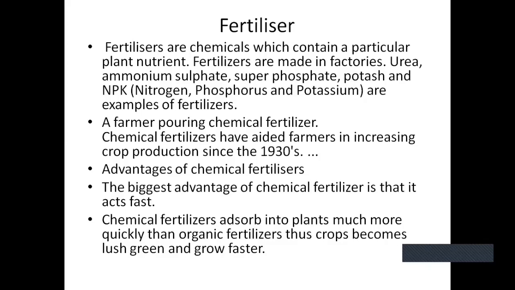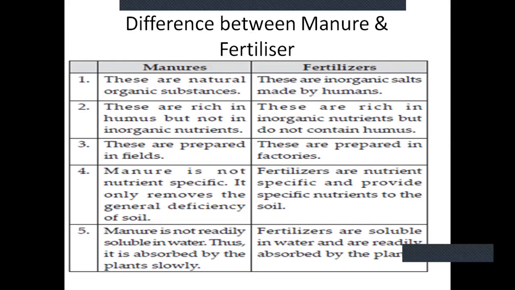And as the plants grow faster, all the farmers, especially the Indian farmers, have switched to chemical fertilizers rather than using organic fertilizers, because those give results a little slowly, right?